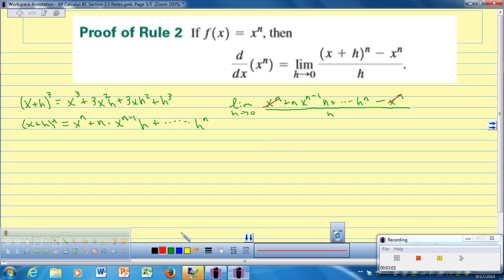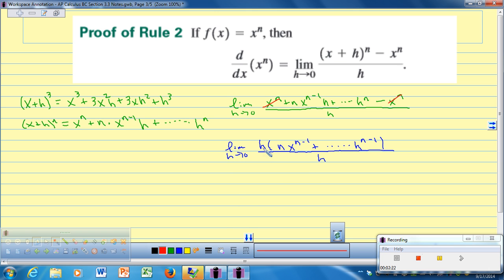The next thing we would do is factor out an h on the top, leaving us with n x to the n minus 1 plus a whole bunch of terms with h's, leading us to h to the n minus 1, all over h, limit as h goes to 0.